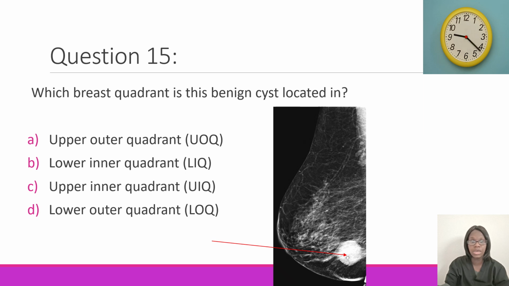Question 15. Which breast quadrant is this benign cyst located in? The upper outer quadrant, lower inner quadrant, upper inner quadrant, or lower outer quadrant? Just a few more seconds.